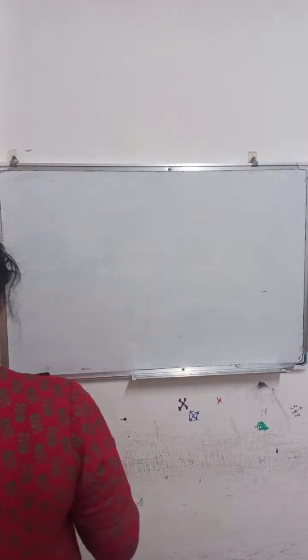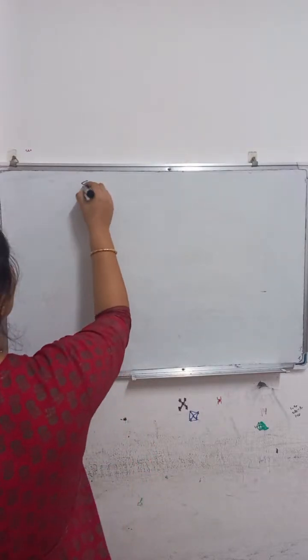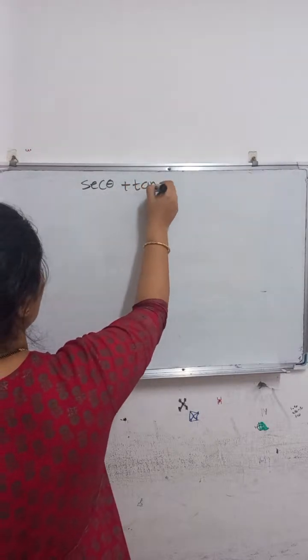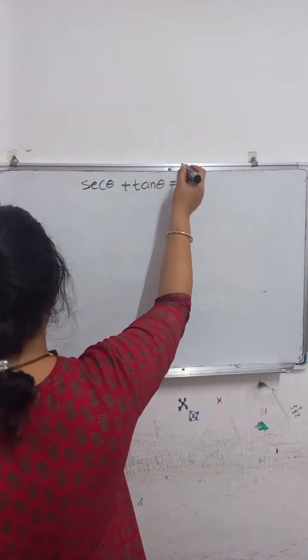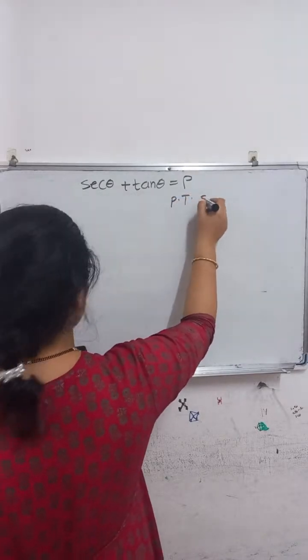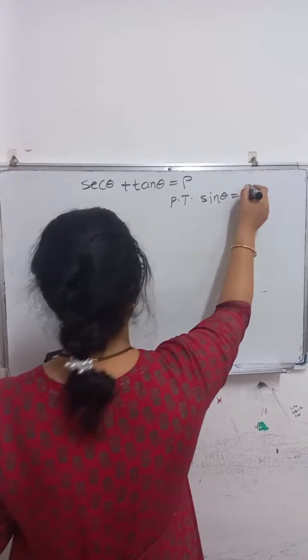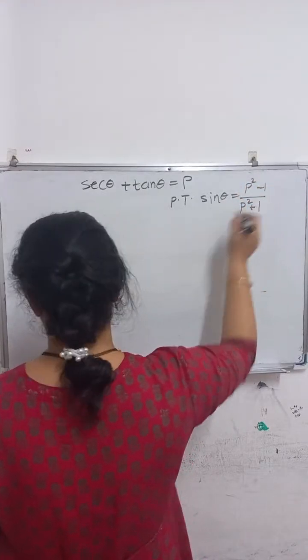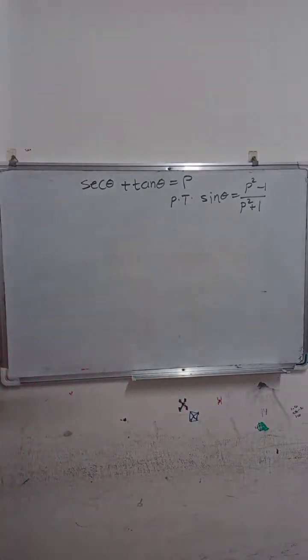Here they are saying if sec theta plus tan theta is equal to P, then prove that sin theta is equal to P square minus 1 upon P square plus 1.